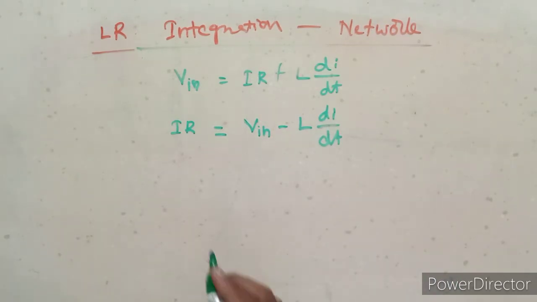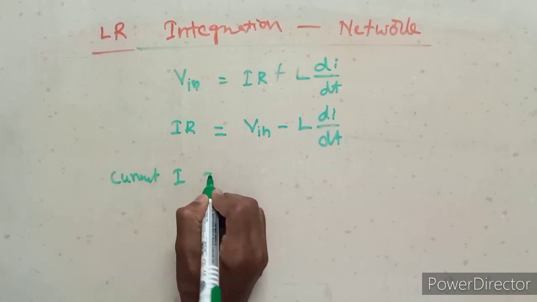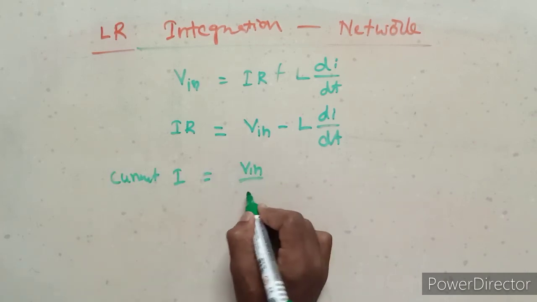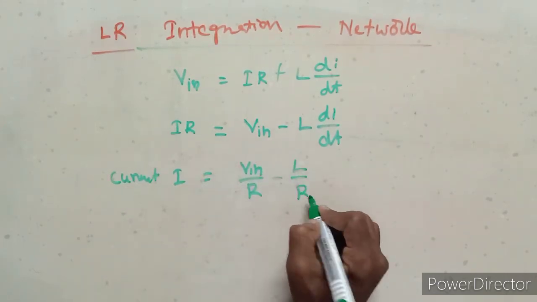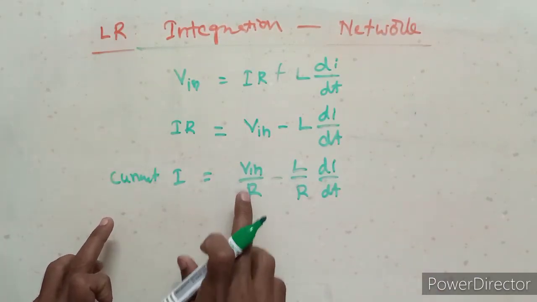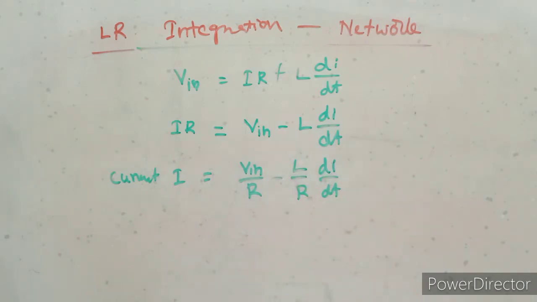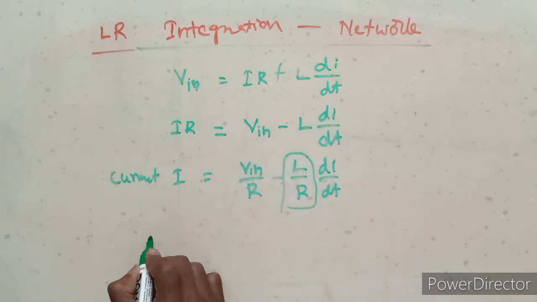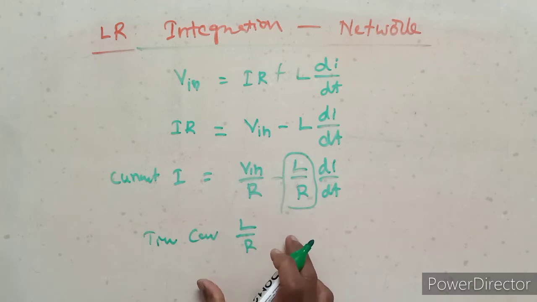Current I equals input voltage upon R minus L upon R di upon dt. Here L by R is the time constant.